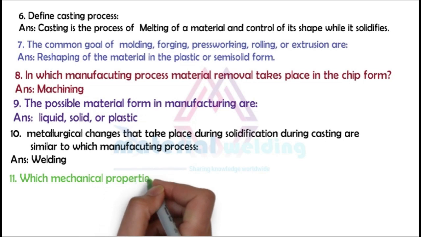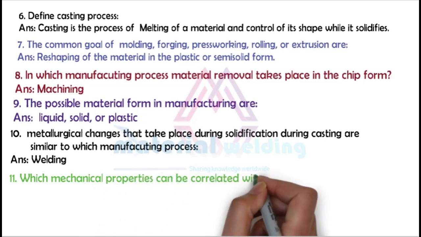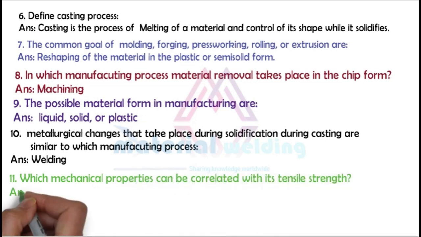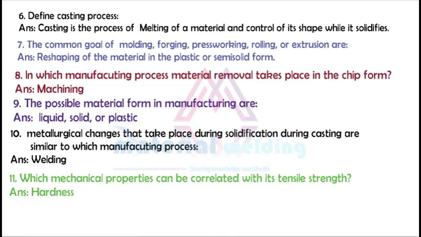Which mechanical property can be correlated with tensile strength for metals? Answer is hardness. Based on the hardness values, we can correlate the tensile strength of materials.